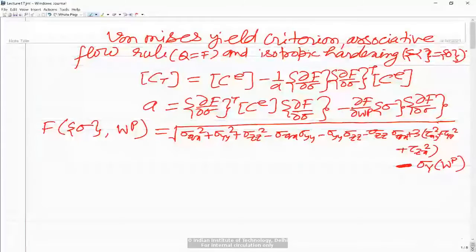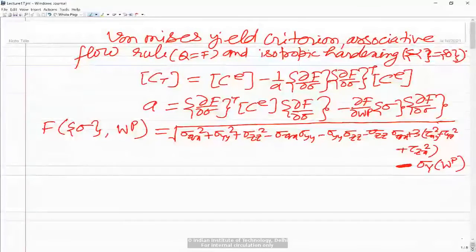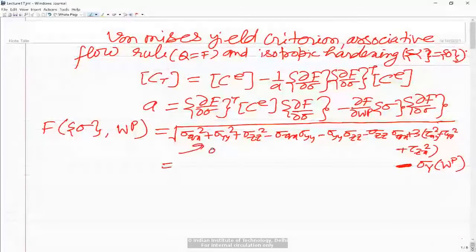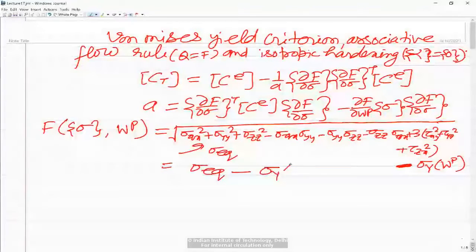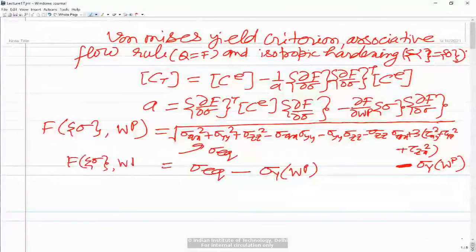This is the yield function, and the first term we also call the equivalent stress. So you can say this is sigma equivalent minus sigma y, which is a function of plastic work of stresses. So this is your f, which is a function of sigma and Wp.